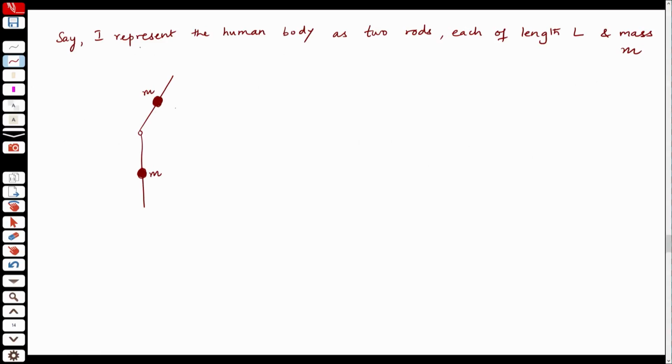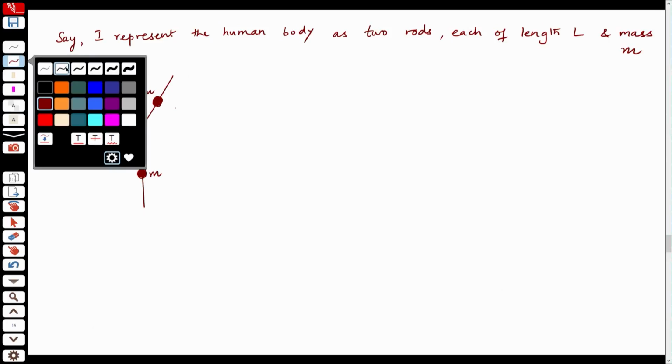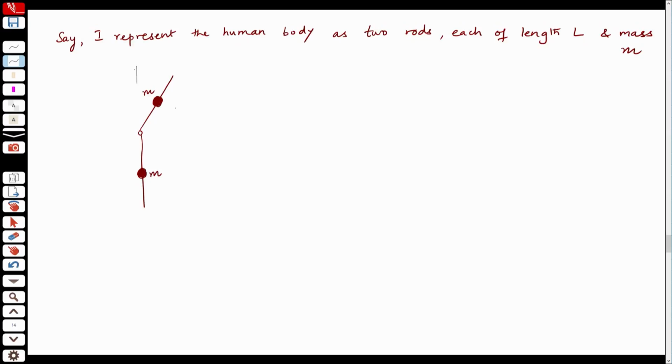Now, let us say I choose an xy coordinate system and I want to find the center of mass. Let us say this angle is theta. What is the center of mass of this system?